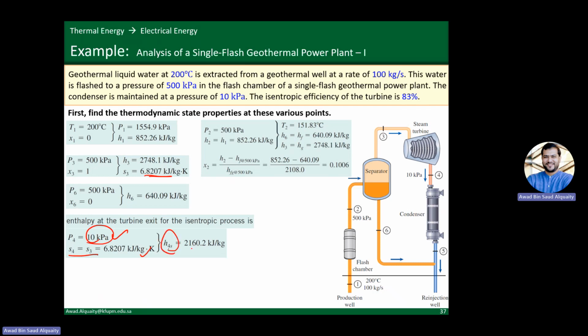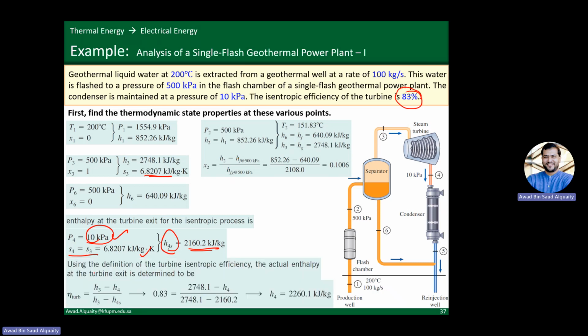Using this, we find H4s to be 2160.2 kilojoule per kilogram. Now, in reality, the enthalpy is going to be higher than that. So we do that by making use of the isentropic efficiency formula for the turbine, with the isentropic efficiency given in the problem.